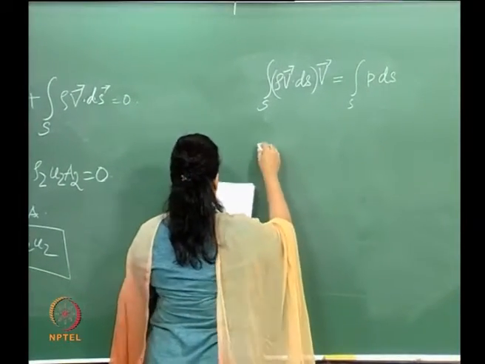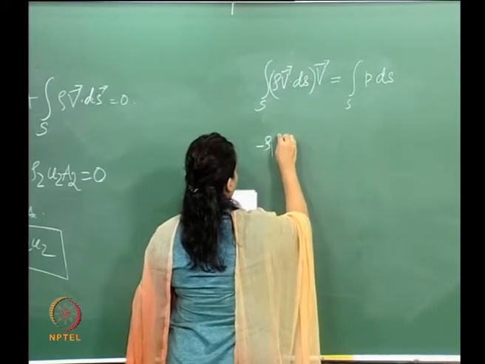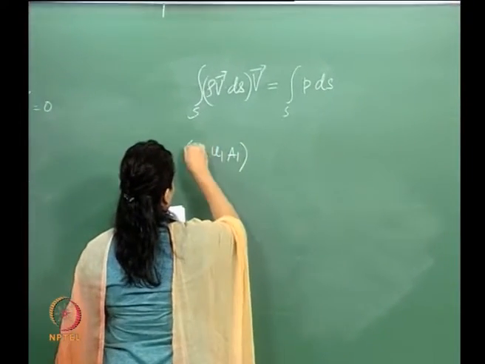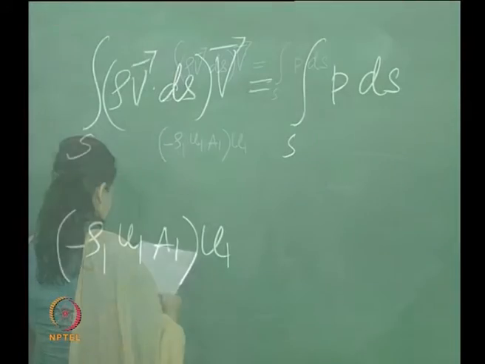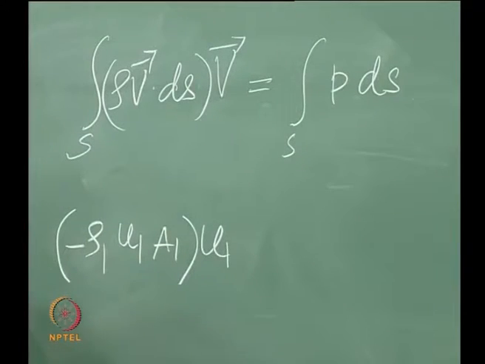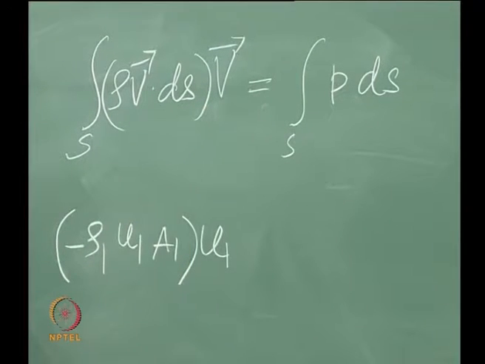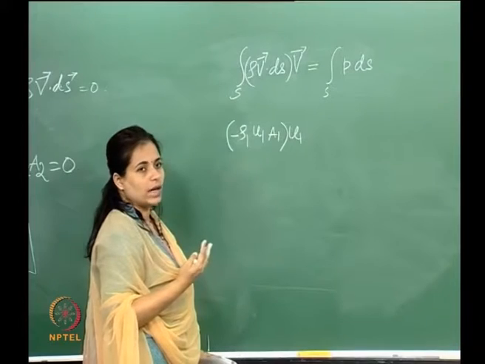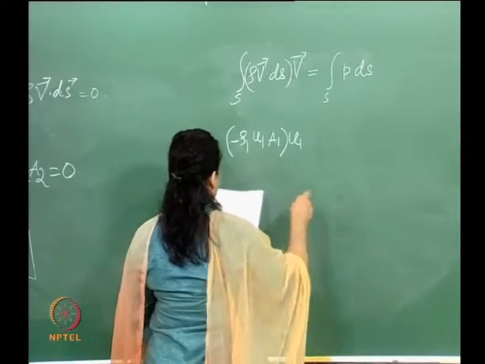Here the velocity V has two components, right. We have U and W, isn't it.